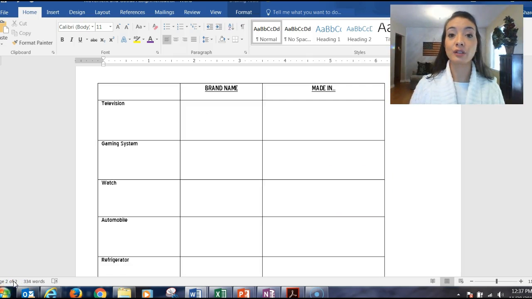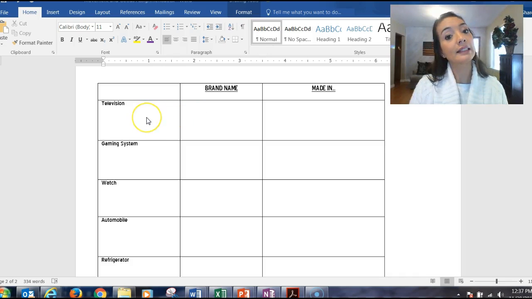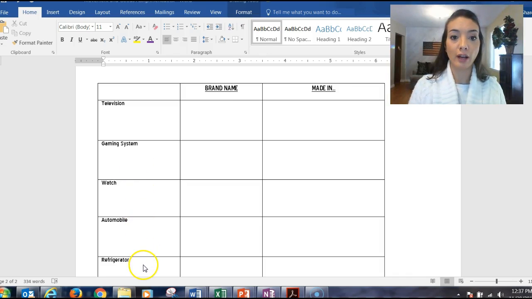All right, I have scrolled to the second page and you are going to see the table there that will allow you to write in the brand name of your TVs, maybe a gaming system, a watch, your car, and your refrigerator. And then you are going to tell me where those were made.